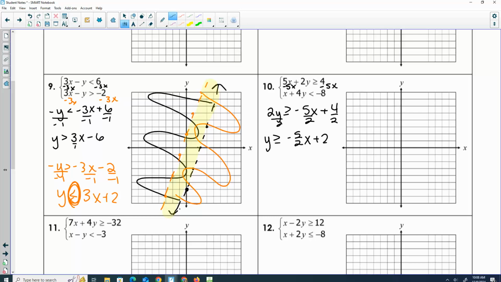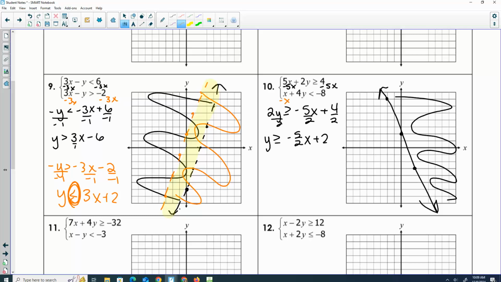So we start at 2. Slope negative 5 halves, so down 5 and over 2, or you could go up 5 and backwards 2. Has an equal to, so solid line. Greater than means we were shading this side of the line because the y's were bigger.